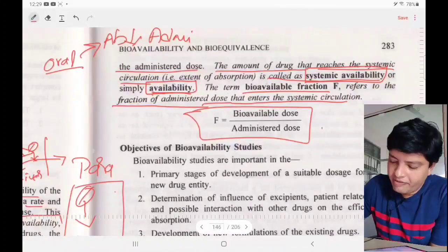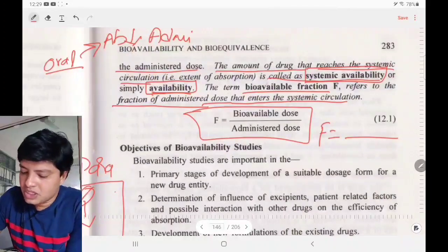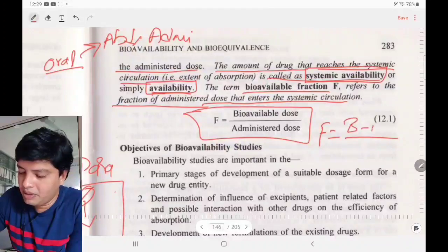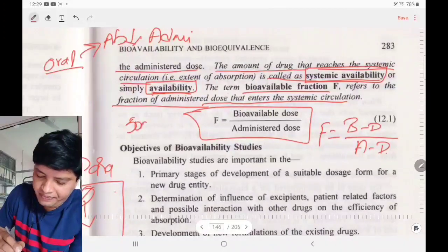How do we know this? If you denote it by F, it is the bioavailable dose divided by the administered dose. Let's say you are given 500 mg.